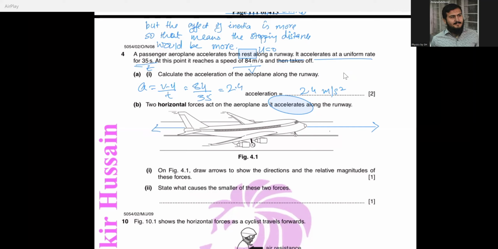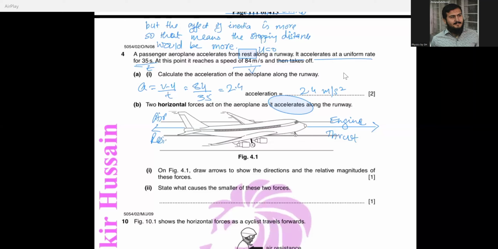So engine thrust, ठीक है? अच्छा, thrust normally engine की force होती है, driving force होती है. Upthrust is the upward force due to water or air. And this is air resistance.